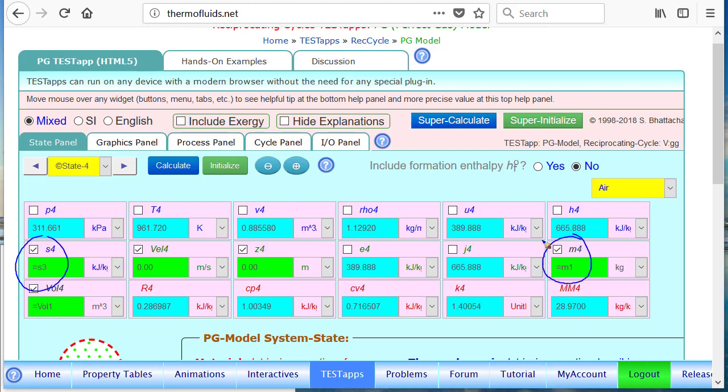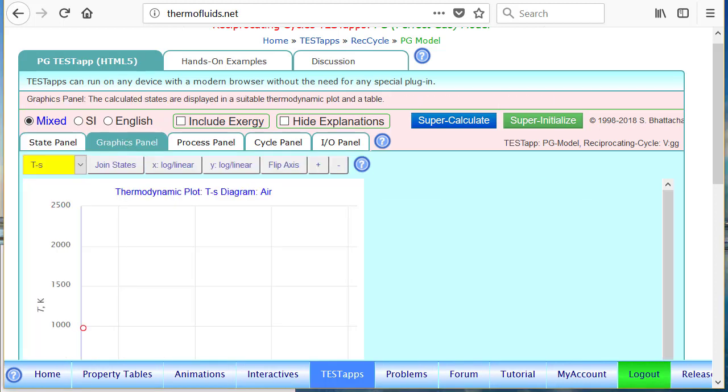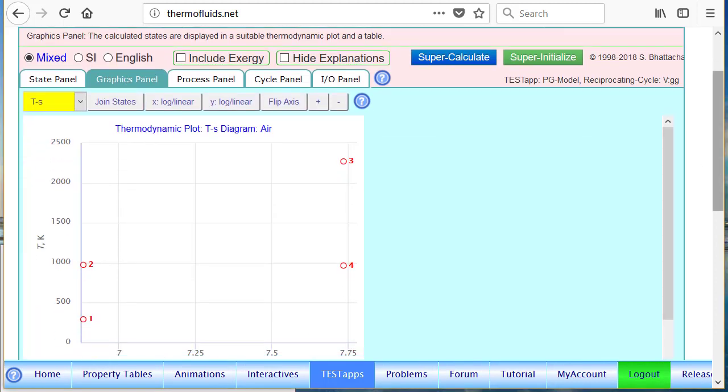It is isentropic expansion, and the final volume must be equal to the initial volume to complete the cycle. So we are back to state 1 as far as volume at the bottom dead center. Now that we know all the states, it's good to always check the graphics panel to make sure that what we expect, 1, 2, 3, 4, the TS diagram, the cycle looks reasonable.